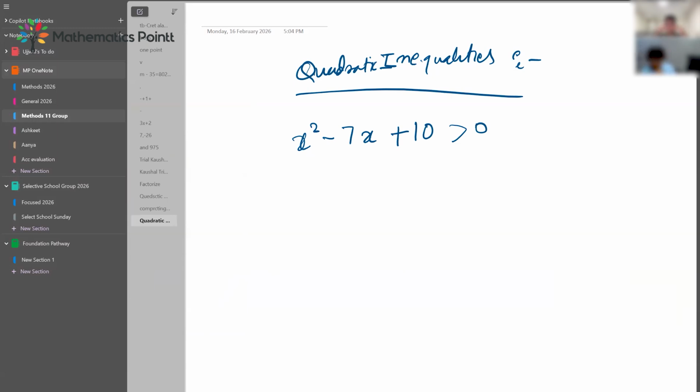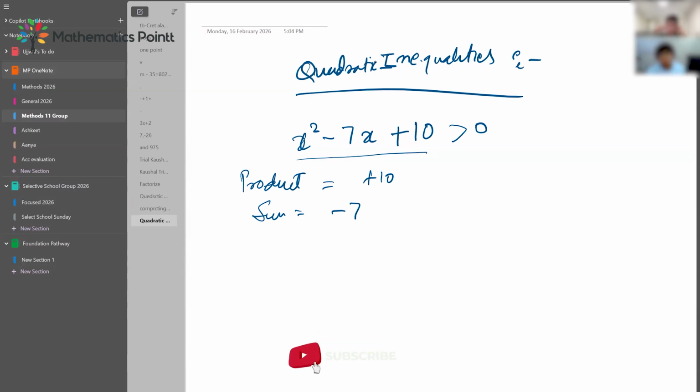What you need to do is just factorize the quadratic the way you normally do. So in this case, I know my product is a positive 10 and my sum is a negative 7. So I need to find a pair of numbers. Can you give me a pair which can give me this result quickly? Negative 5, negative 2.